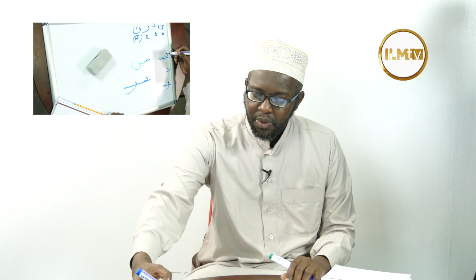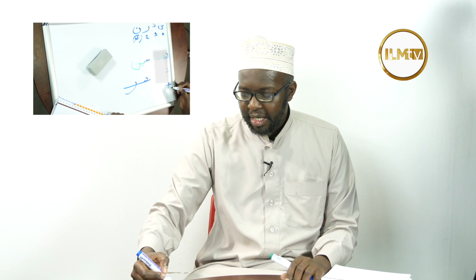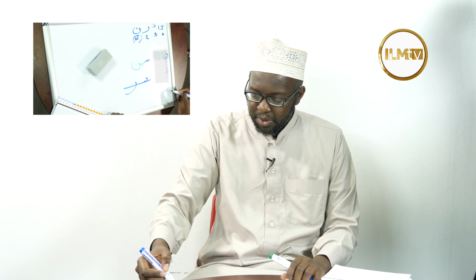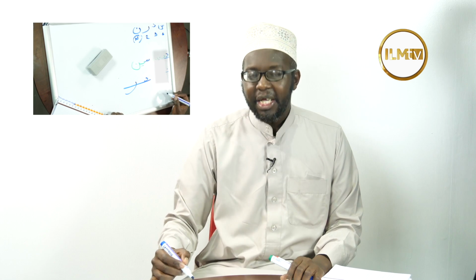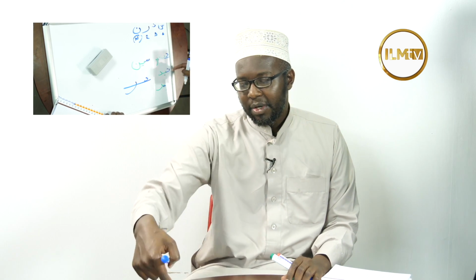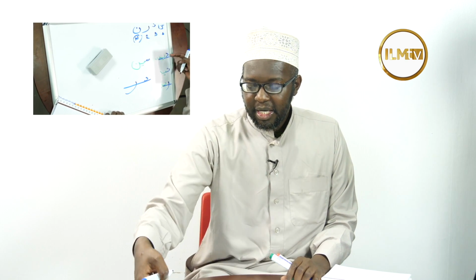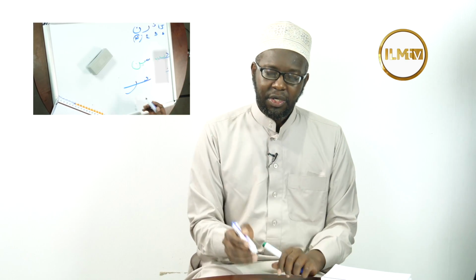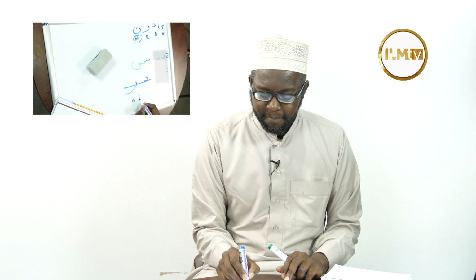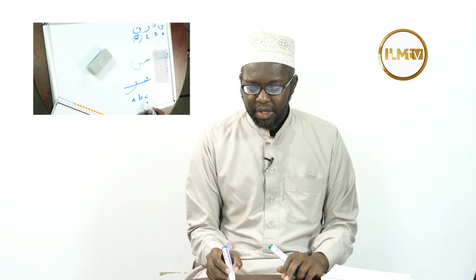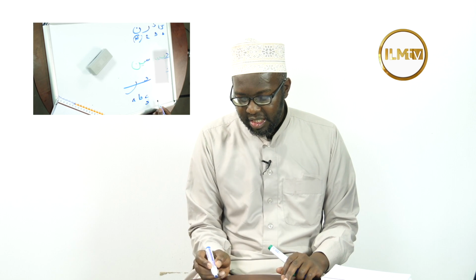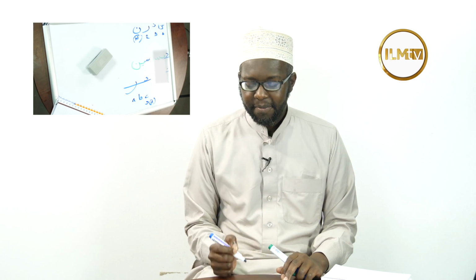So da is always on the line, and ra starts above the line, cuts the line and goes below the line. So we have this and we have rear. Confusion happens a lot here. Da looks like a backward C. You know, when you write A, B, C, the backward C is the D in Arabic.